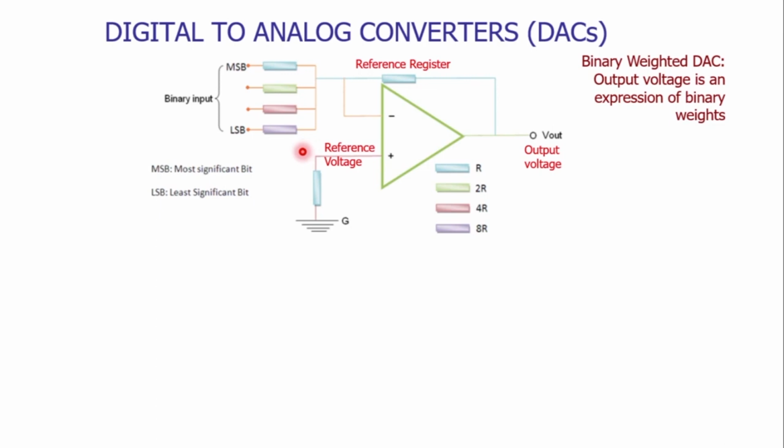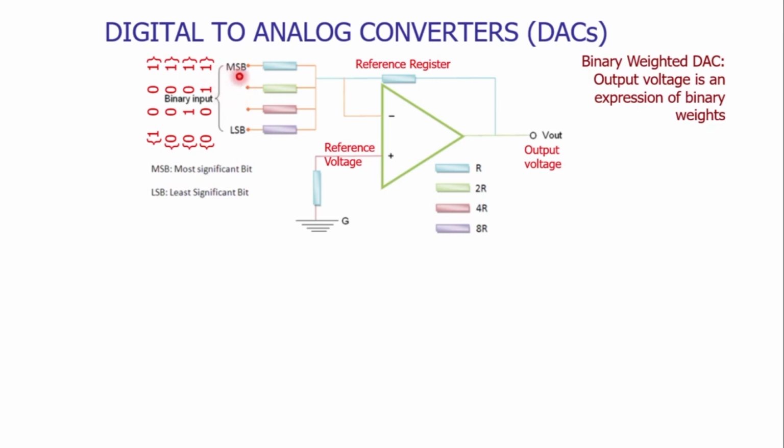The input is in the form of a binary number. The binary number will have bits. Here we are considering a binary input with 4 bits. So we are applying the digital input something like this.